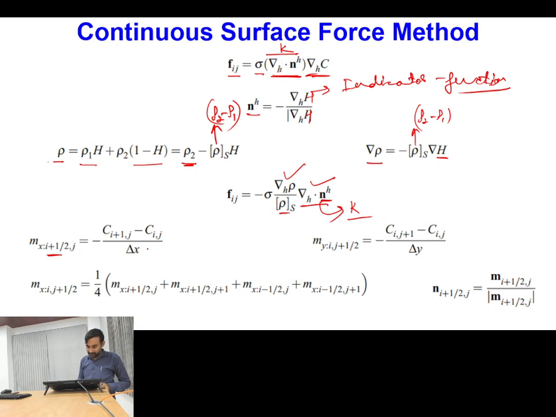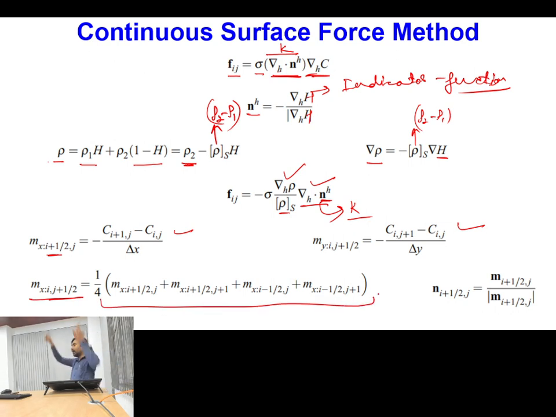And this will be coming x component, this will be coming y component, and then ultimately at the cell face, this will be mean of all the corner points. And if I have calculated like this for all the cells, values of mx and my, this I am not explaining in detail because this already I have discussed in the previous class, that how to calculate the value of m at cell center and at all the corners.